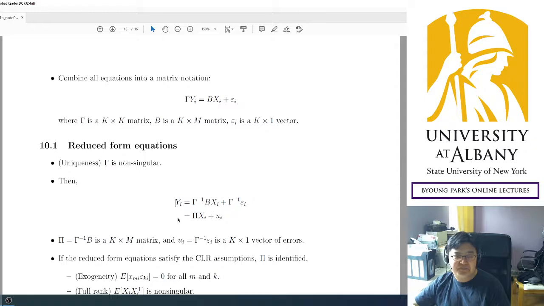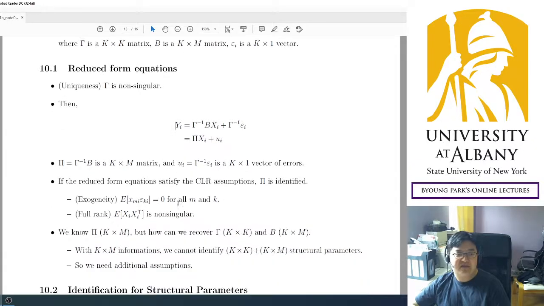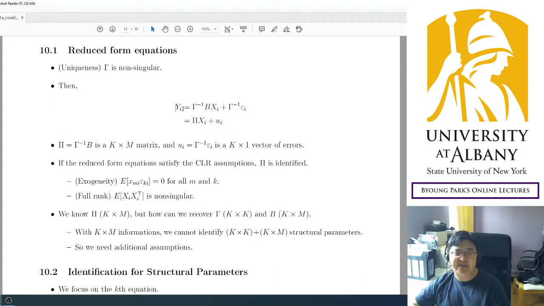So the equilibrium y is given by gamma inverse beta x plus gamma inverse epsilon. This is pi, the reduced form parameters, and this is the reduced form error term.